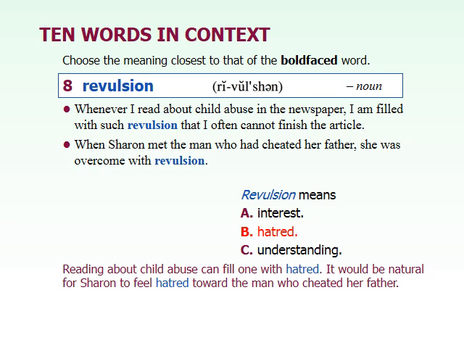Revulsion is related to the word revolting, and revolting has the meaning of disgusting. So when we say feeling revulsion, it's not just hatred, it's also a hatred that's fueled by a disgust for the person or the thing, meaning that it makes you sick to your stomach to think about that thing. So in the first example, child abuse fills someone with revulsion. It's not just that they hate it, but they hate it because it makes them feel sick.